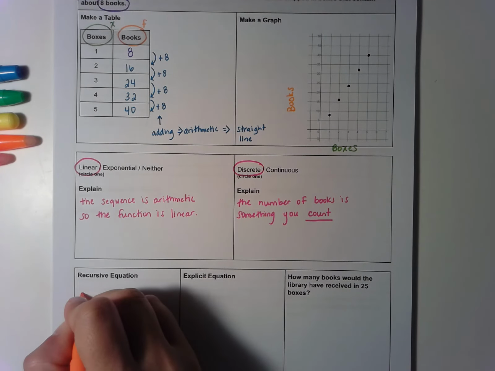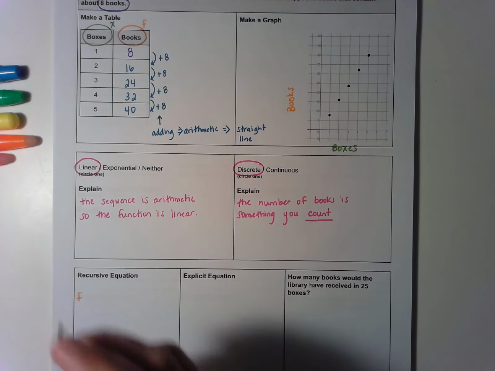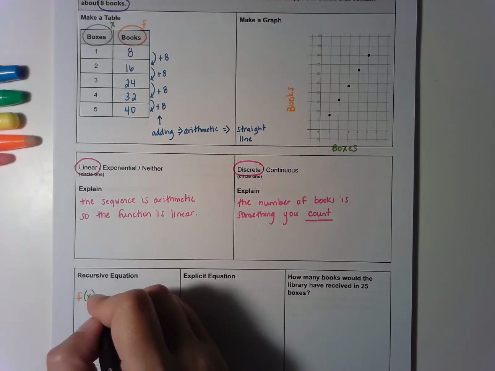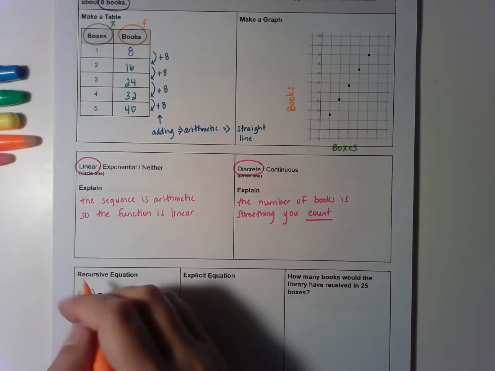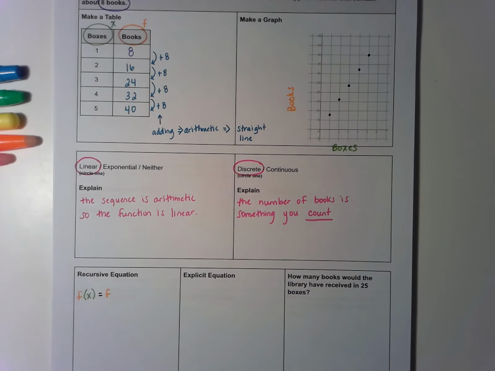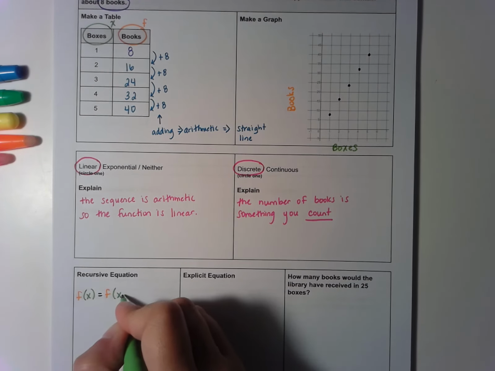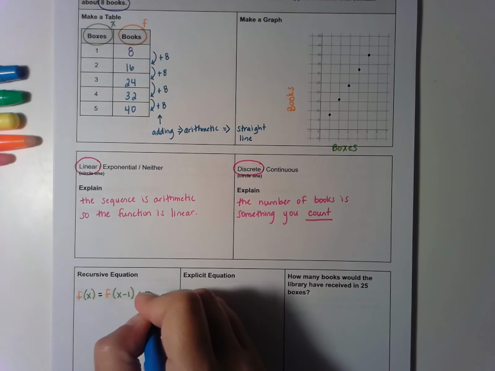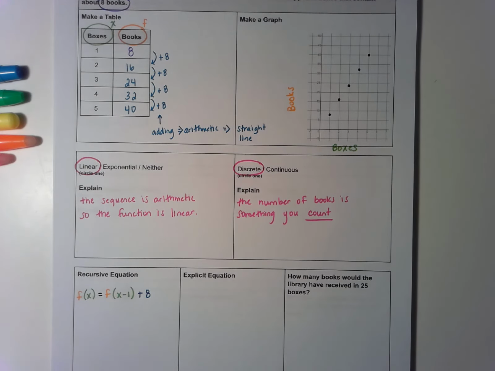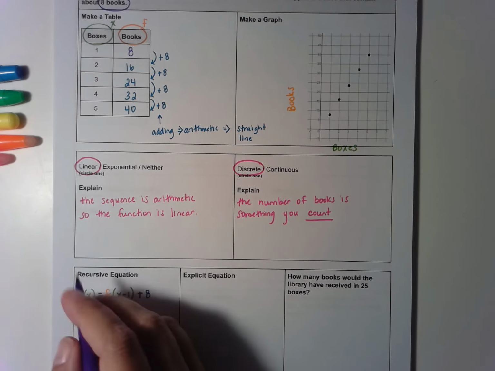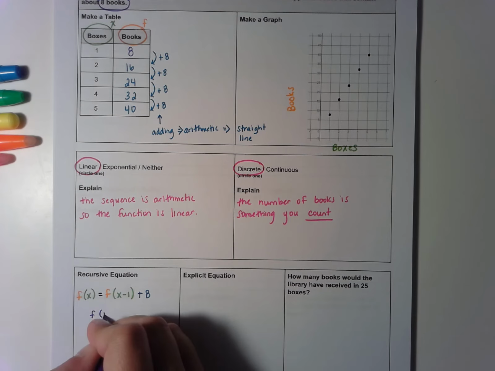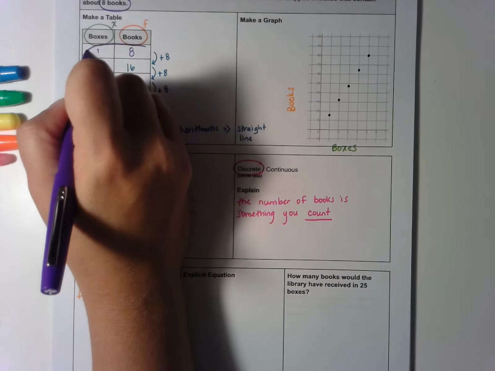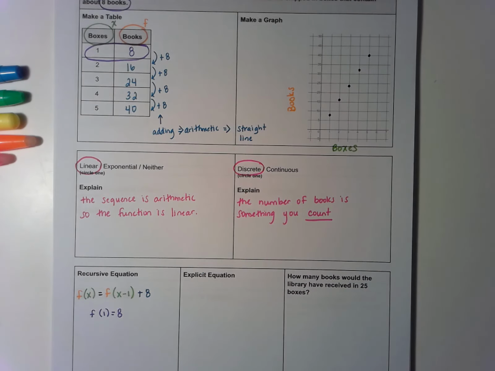So my recursive equation is f of x is equal to f of x minus 1, so back it up 1, take the previous, and then add 8. My starting value here would be f of 1 is equal to 8, and I can see that in my table right here. There's my starting value.